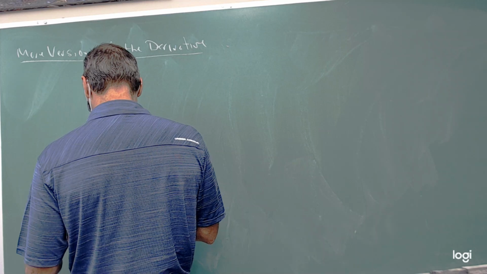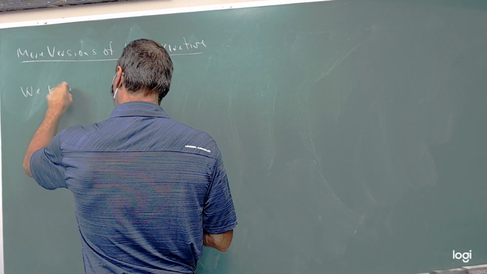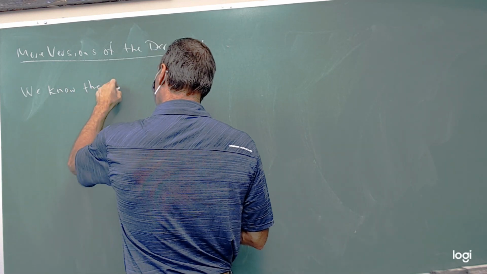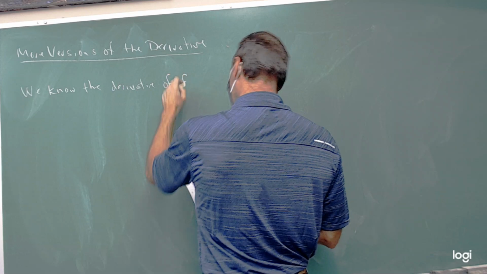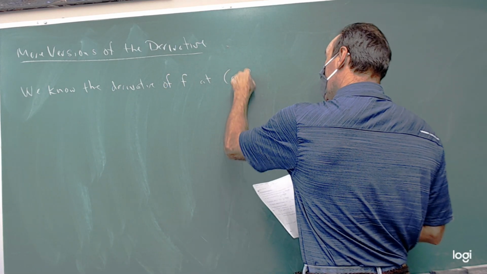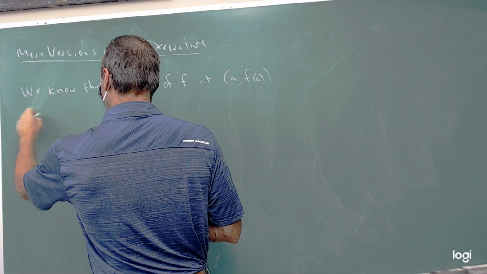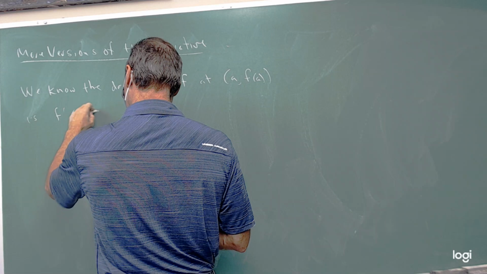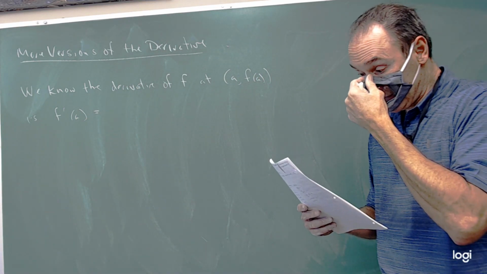So we know that the derivative at a point, at the point A, f of a, is f prime of a, and we have a couple of versions of this.